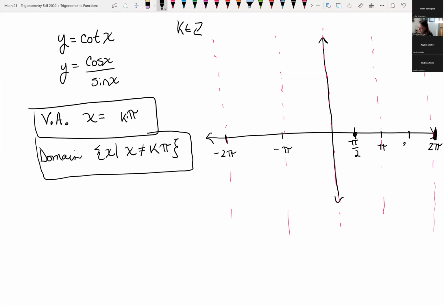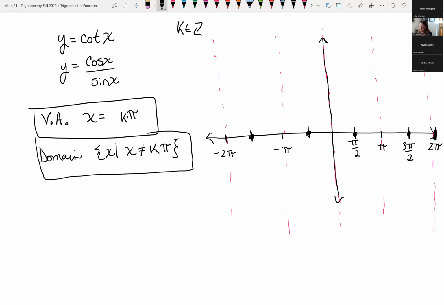So here at 3 pi halves, I'm also getting 0. So the halfway points between our vertical asymptotes are where we're crossing that midway line, which is the x-axis, unless we had a vertical shift on our graph.